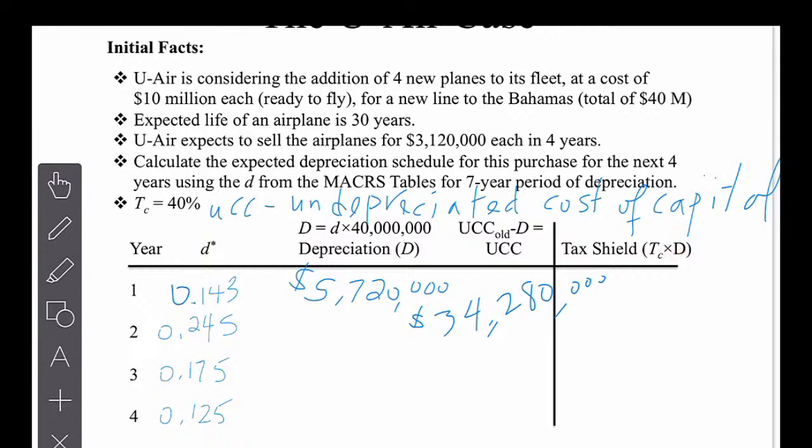So all you've got to do is take 5,720,000 times the tax rate, 2,288,000. So you're saving in the first year, because you were able to depreciate and you chose to do it as a class 4 asset, you saved $2 million, or UAIR did. Okay?